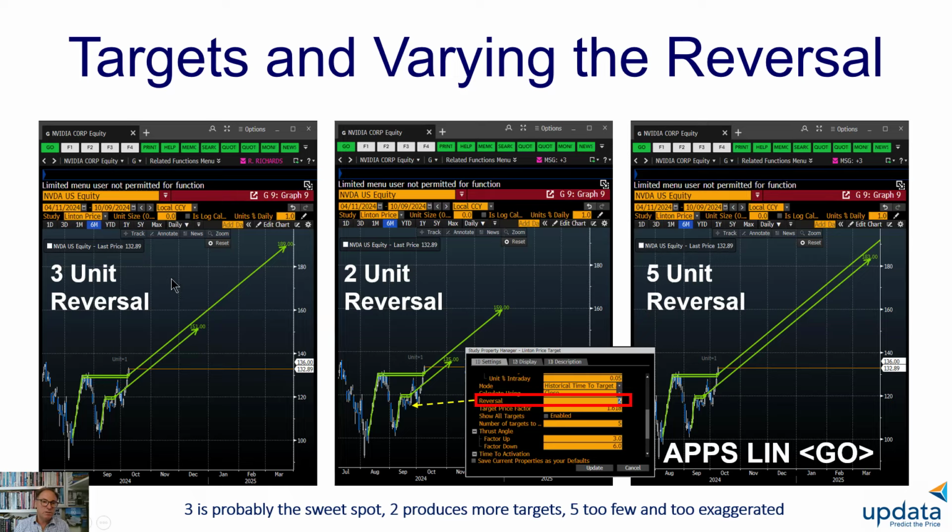And so here we see a 3-unit reversal, which is the standard, a 2-unit reversal, and a 5-unit reversal. Now, we do recommend that you stick with 3. 3 is probably the sweet spot. 2 produces more targets. So you see here you would normally get more targets on a 2 reversal, and 5 produces too few targets and often too exaggerated, because if you think about it, in this instance, this is a third of the move, the 3 unit.